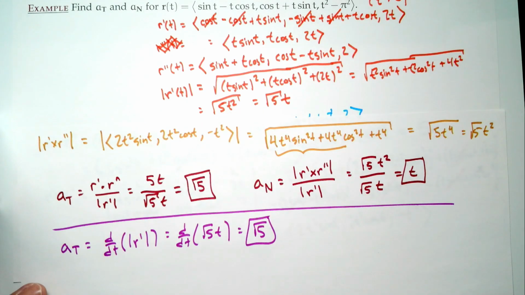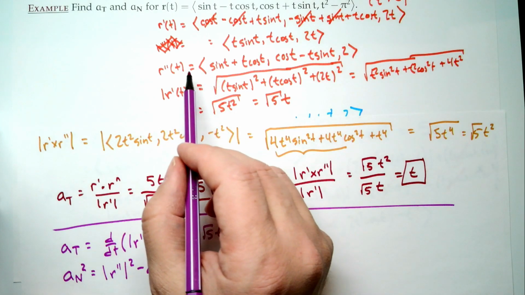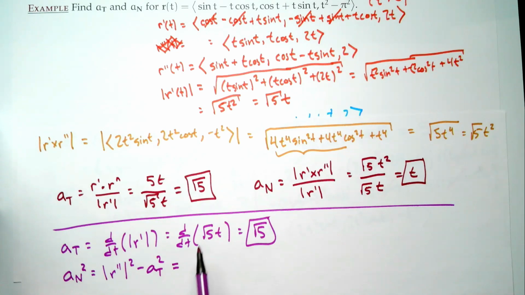Okay. Now a sub n, well, what do you have? Well, if you rearrange, you get a sub n squared, that's the magnitude of r double prime squared minus a sub t squared. Because a sub n squared plus a sub t squared, that's the magnitude of r double prime squared. So far, so good? Yeah, because it's true. Okay. Well, so that is equal to, I take the magnitude of r double prime, and I square it.